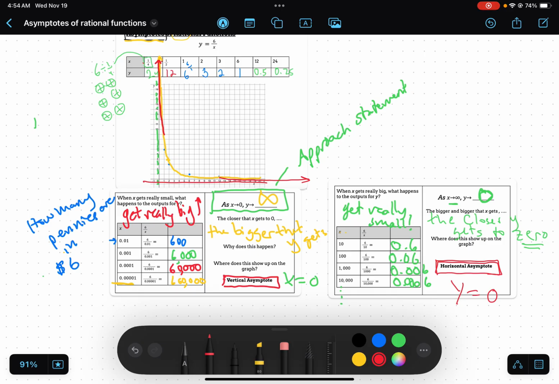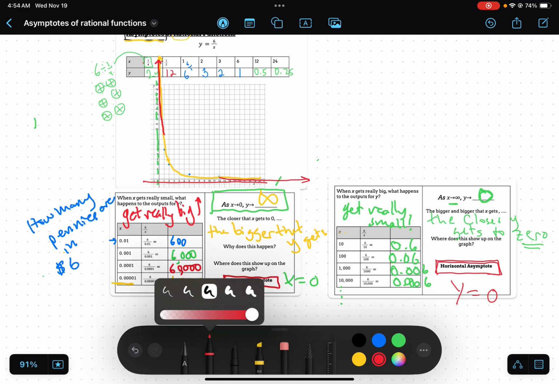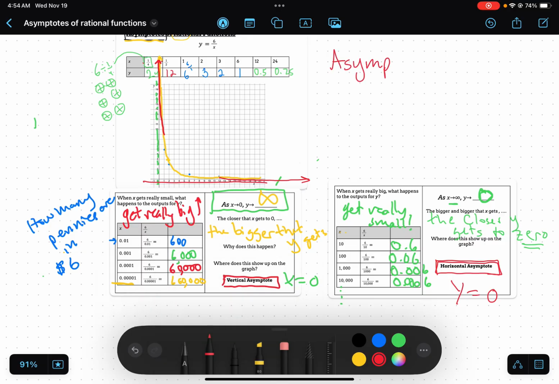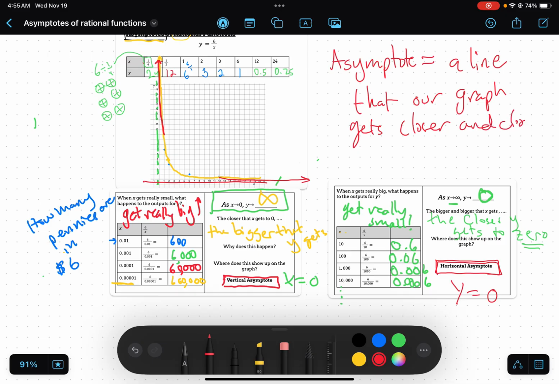So the asymptotes are two lines that the graph will never touch, but gets closer and closer to. Let me write that down so we have a definition of an asymptote. An asymptote is a line that our graph gets closer and closer to, but never touches.